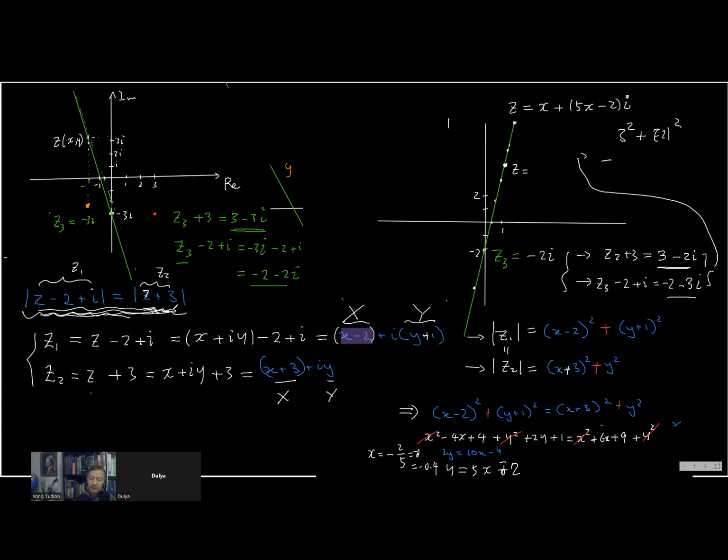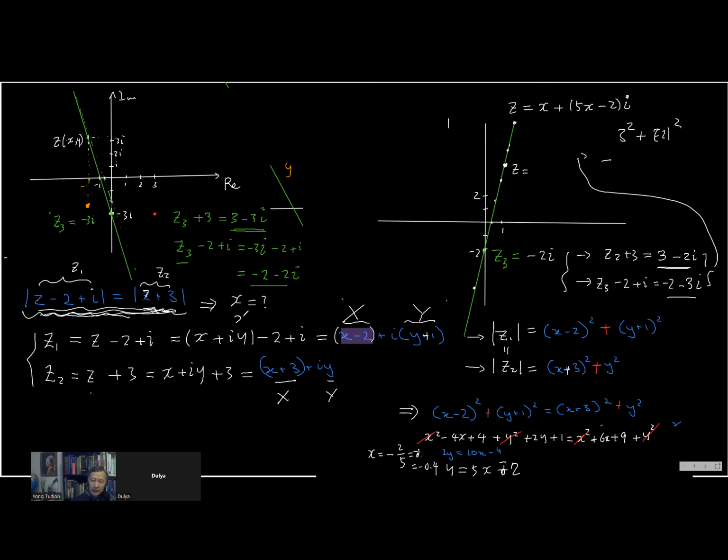Basically, from this equation, complex number problems need you to find what x is and what y is. You need to find the dependence of x and y.